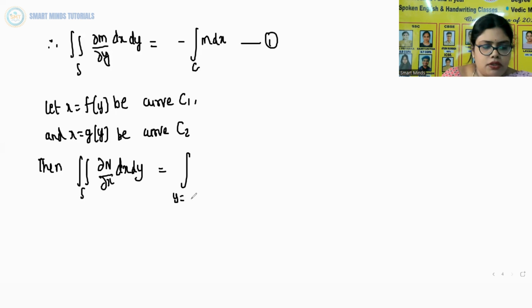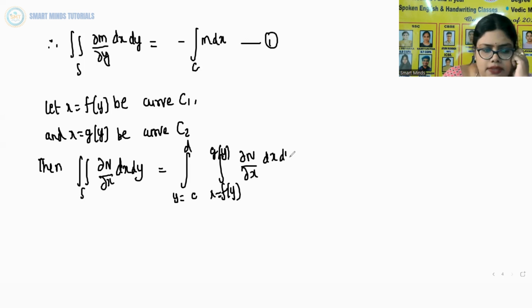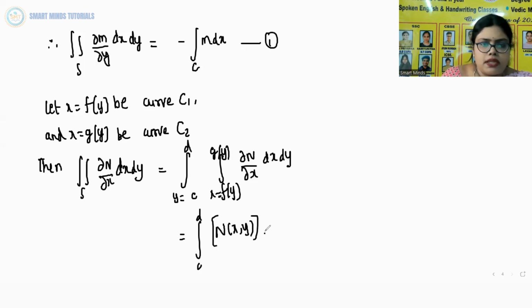Here y is equal to c to d and here x is equal to f of y to g of y, of ∂N/∂x dx dy. Now the outer limit we write as it is, the outer integral. Now the inner integral we will solve. The integral of ∂N/∂x dx is N of x comma y from limits f of y to g of y. Then again we write dy as it is.